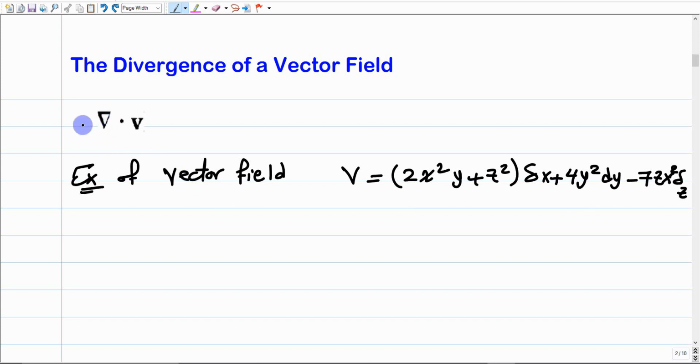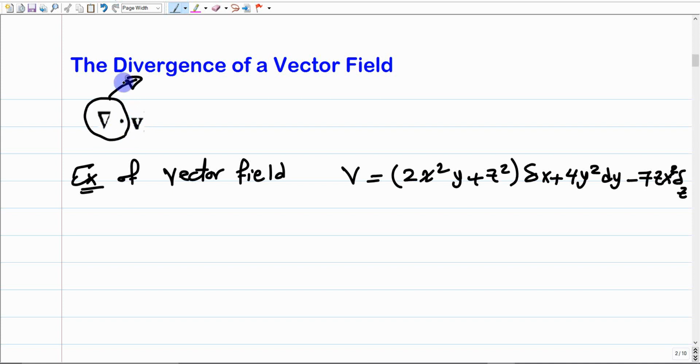The divergence is basically the dot product of the gradient operator, or the differential operator, with a vector. So generally, divergence is nabla dot. If we are interested in the divergence of a vector, we say nabla dot and then add the vector. We also have the divergence of a tensor, so we add nabla dot and the tensor.